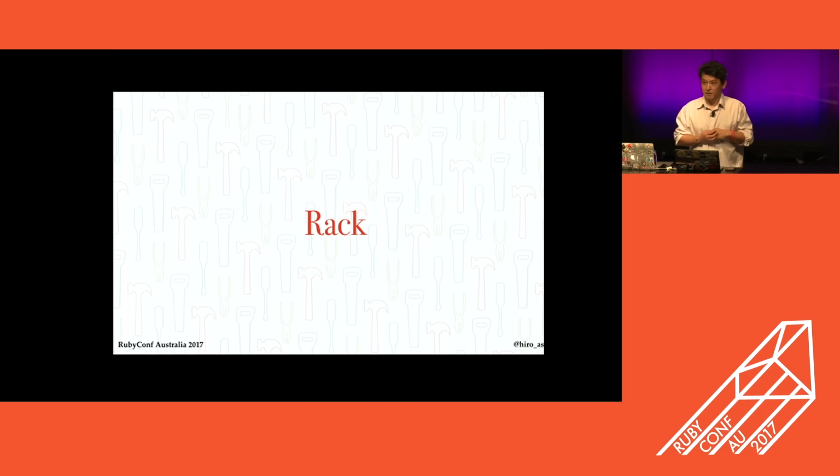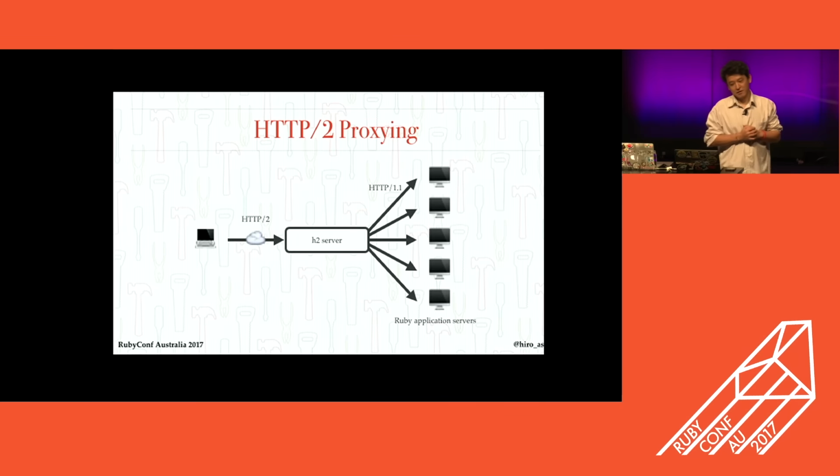It's not in the main line yet, so we need some work there if we want to get Sinatra and Rails to H2 in a reasonable time. But there are things you can do right now, namely proxying to an H2 server up front. All right? And this might be good enough for the performance that you want right now.